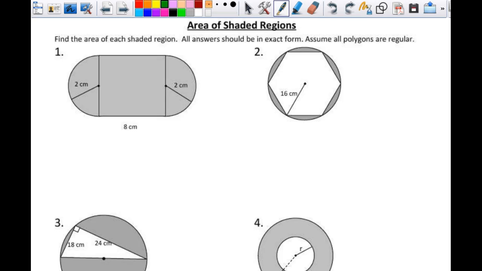Subtract what from what? Circle from, so it'll be hexagon minus circle? Yeah, it'll be what? Circle minus hexagon, right? Okay, we agree with that? All right, can anybody give me a different way to do it? That's the way I think is the best way to do it, and that's the way we're going to do it, but is there another way to do it? There is.